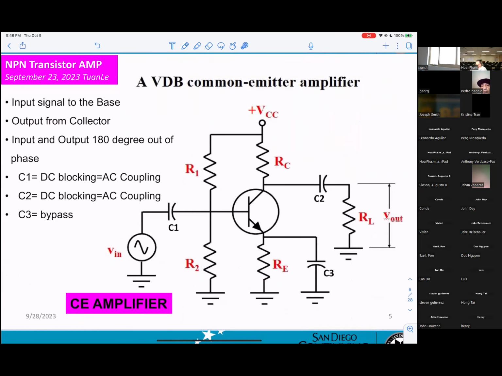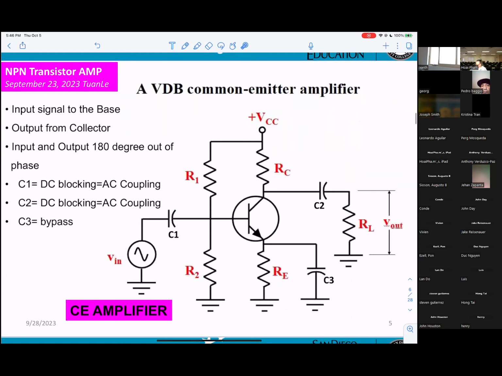Now, the first one we will be learning. The first configuration for the amplifier, we call it CE Amplifier, common emitter amplifier. Try to see what's going on here. Input signal applied to the base.